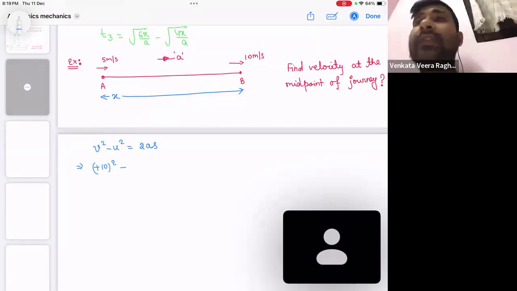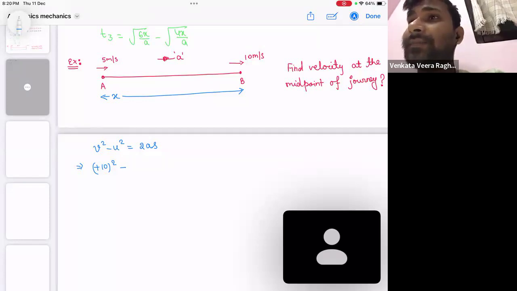Because now I am going to discuss the motion under gravity, where plus and minus will be an important thing to consider. Here all the vectors, initial velocity, final velocity, displacement, everything is in the same direction, so we are not putting any plus or minus, and still we are getting our answer.